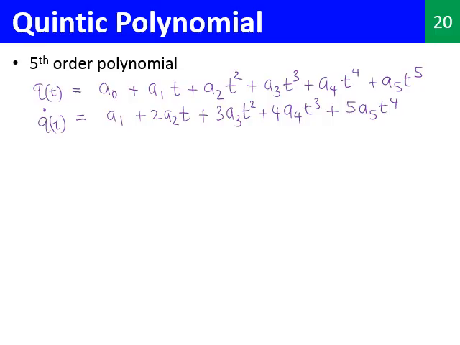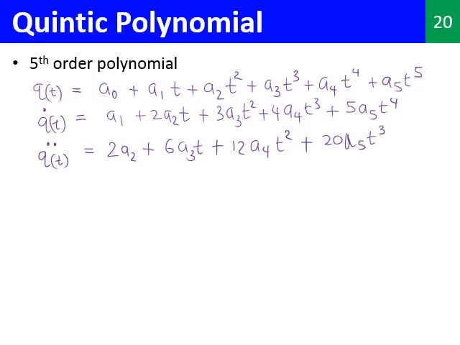Since we are also considering the acceleration constraints, we take the time derivative of the velocity, and we have the joint acceleration q double dot, and that would be equal to 2a2 plus 6a3 t plus 12a4 t squared plus 20a5 t cube.